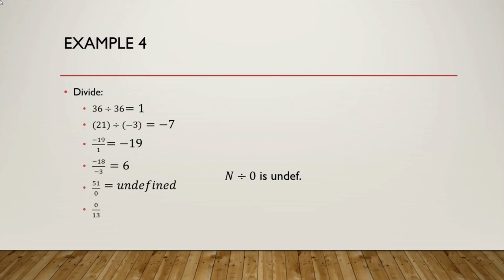Now, what about the other case where you have 0 divided by 13? Well, that's like saying you have 0 donuts, and you're dividing it among 13 people. Each person gets 0 donuts. Not the most favorable examples.